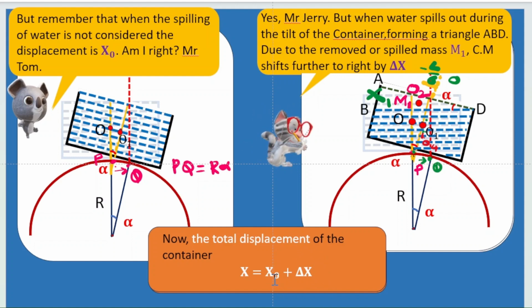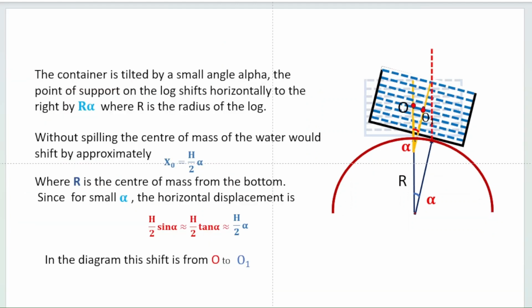Here we can write the displacement due to the tilt, x naught, very easily. Here you see the height of the container is h, and the center of mass is at h by 2 distance from the bottom line. Here this yellow line is the symmetrical line of the container when it is in the equilibrium state, and this is the symmetrical line in the tilted position.